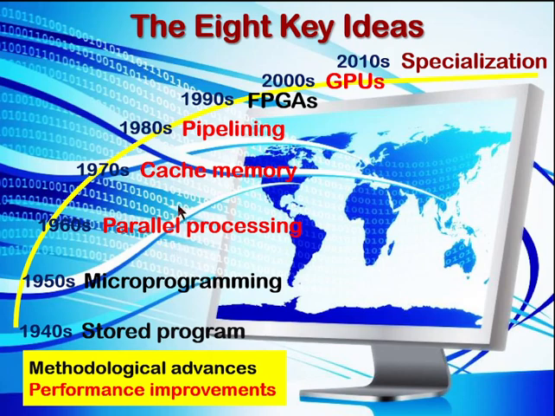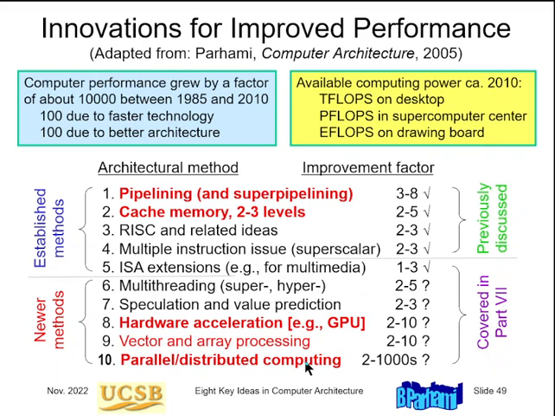So parallel processing, cache memory, pipelining, GPUs can be viewed as techniques to improve performance. And stored program, microprogramming, and FPGAs can be viewed as new methodologies for designing computer architectures. So here I've shown the contributions of these methods and some other methods that I have not discussed to performance improvement in computer systems.